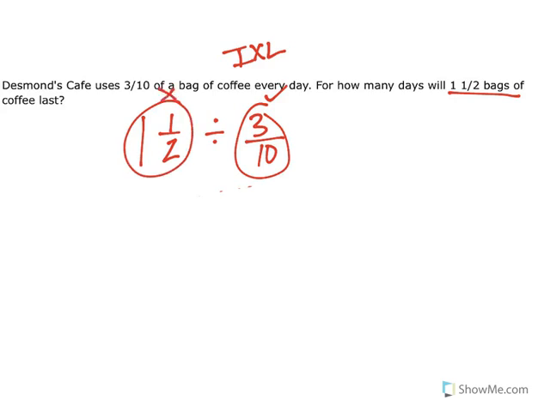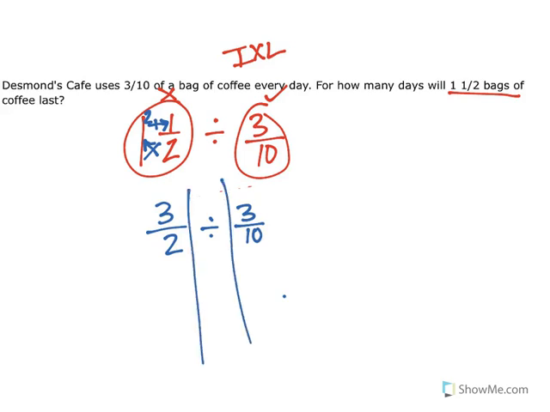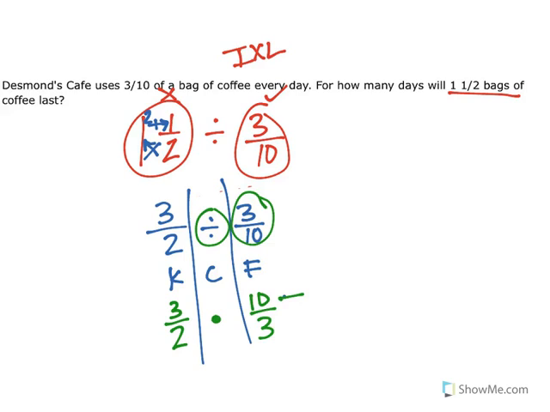I first have to turn this mixed number into a fraction by going 2 times 1 is 2. 2 plus 1 is 3/2 divided by 3/10. Now that they're both fractions, guys, I can keep it, change it, flip it. Let's keep our first number, 3/2, change this division to multiplication, and flip. 3/10, the reciprocal, is 10/3.